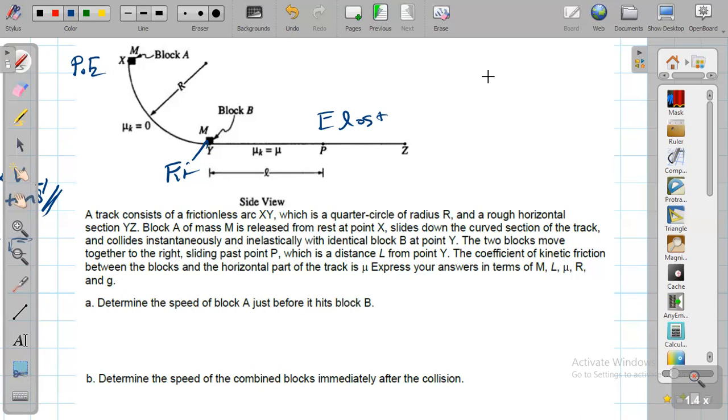Determine the speed of block A just as it hits block B.